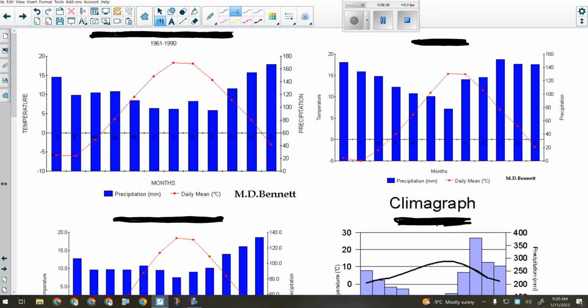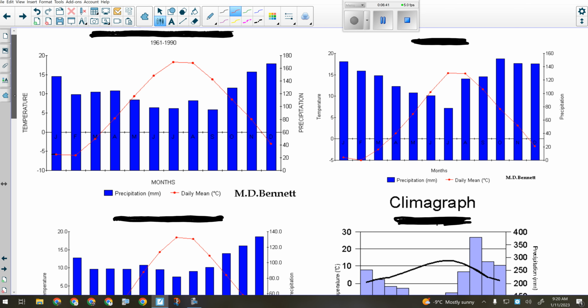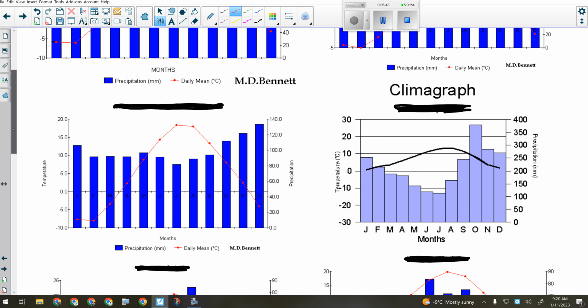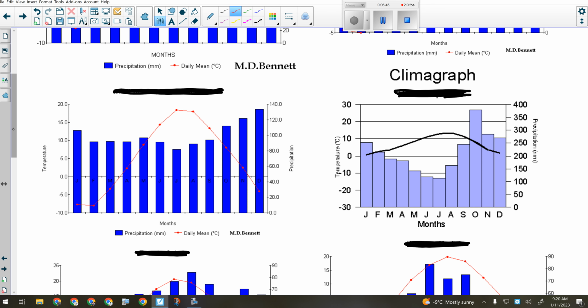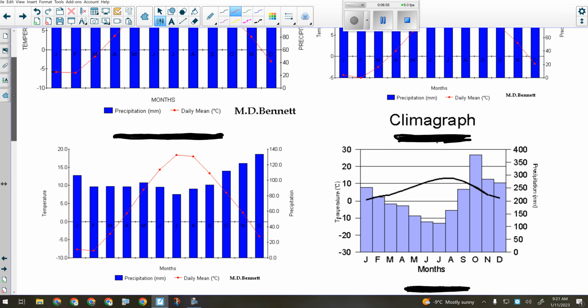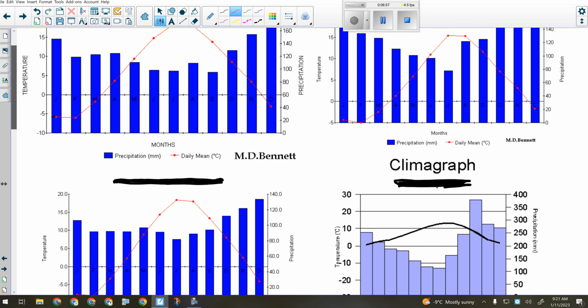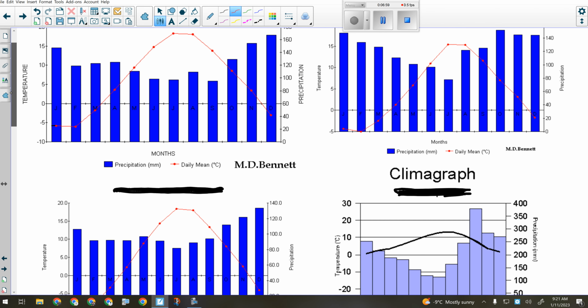If we're looking at some of these other ones, this one's a little bit colder, and maybe just a little bit drier, but it's still pretty close to those two.